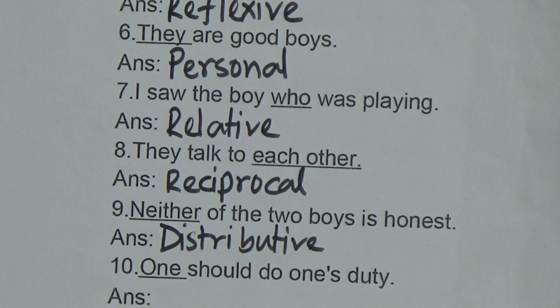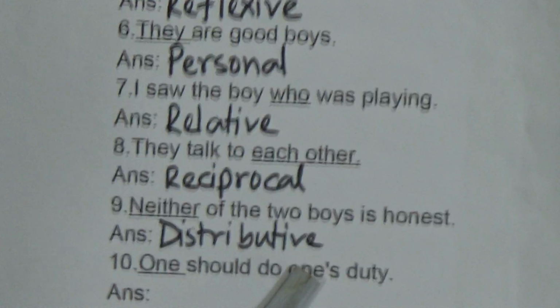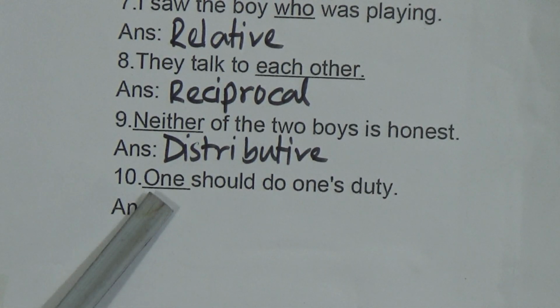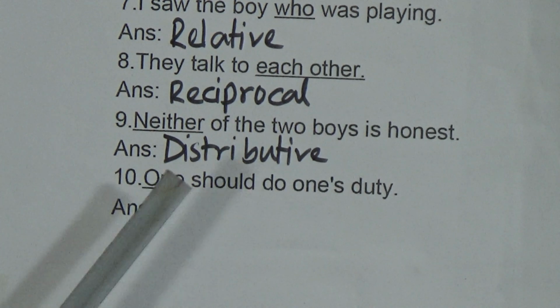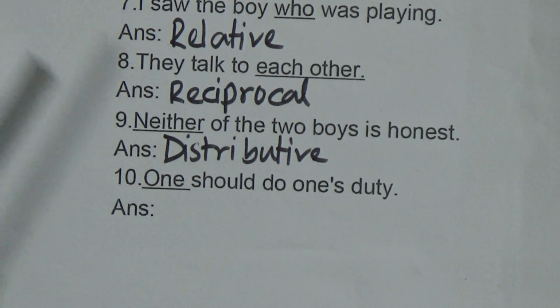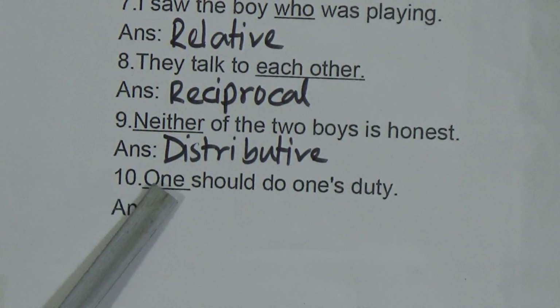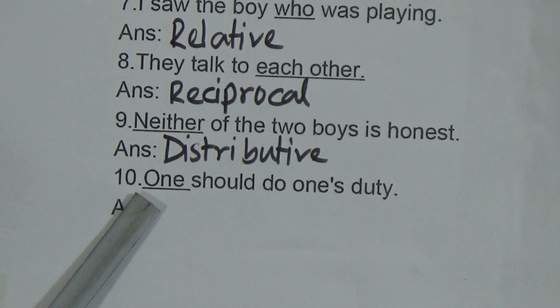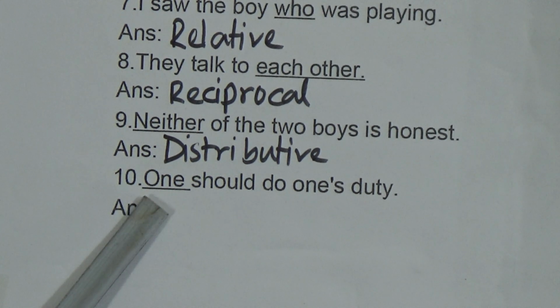Now number 10, one should do one's duty. One should do one's duty. Now look, the word one is underlined here, and just like number 4, we don't know who that one person is, so it is not definite. That's why it will be indefinite pronoun.